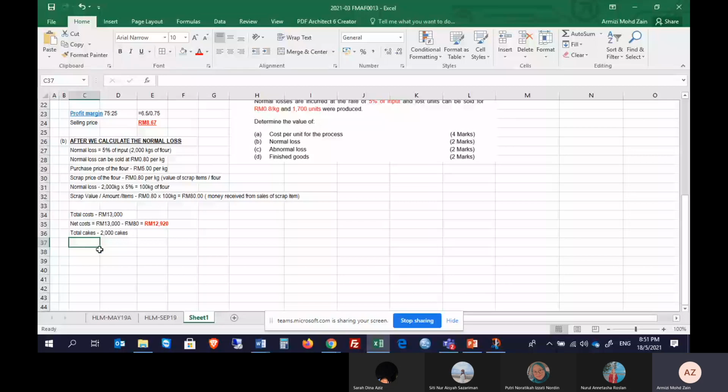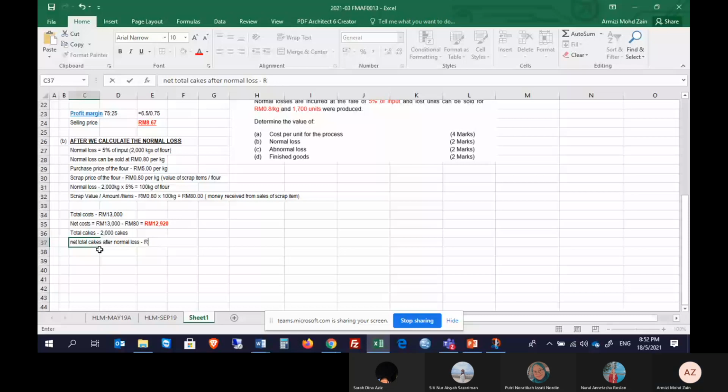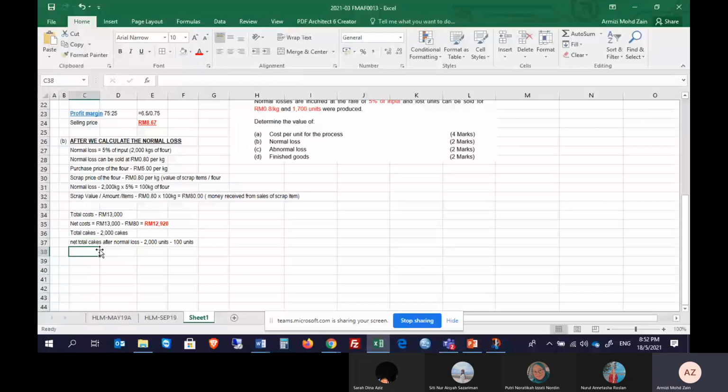So net total cake after normal loss equal to 200 units minus dengan 100 units. Okay, net dia berapa? So net dia dapat ada equal to 100 aja. Okay. So cost per unit, CPU.